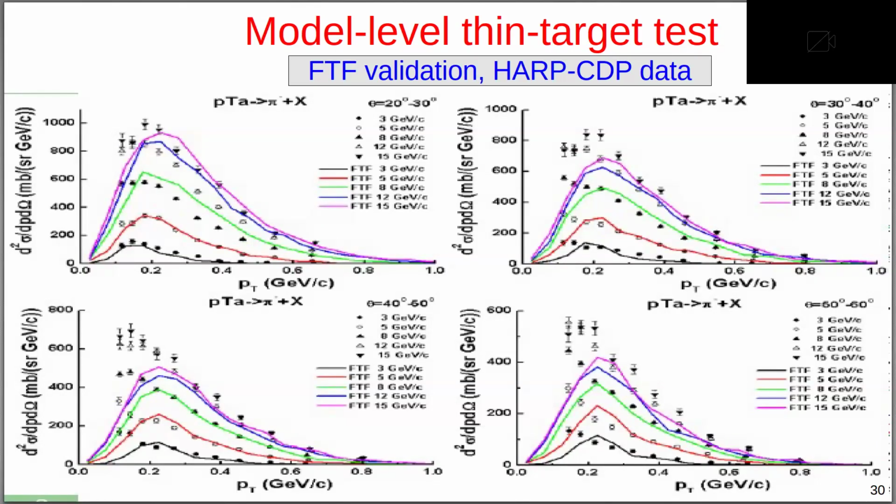And you see that, yes, more or less, the simulation is trying to describe the data, but you see that there are discrepancies. And this is actually always the case for hadronic physics. So we rarely show validation of electromagnetic physics, because typically the precision is at the % level and is right on top of the data.